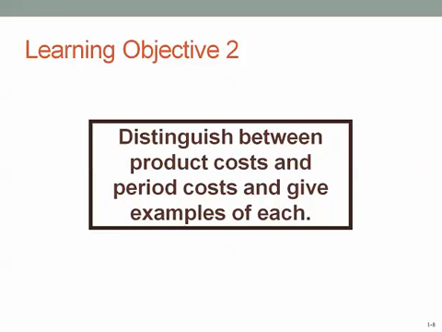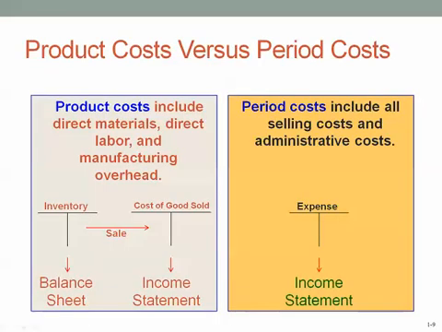Our second learning objective is to distinguish more clearly between product cost and period cost and be able to give examples of each. Product costs include all the costs that are involved in acquiring or manufacturing, that is, making our product. More specifically, again, it includes direct materials, direct labor, and manufacturing overhead.